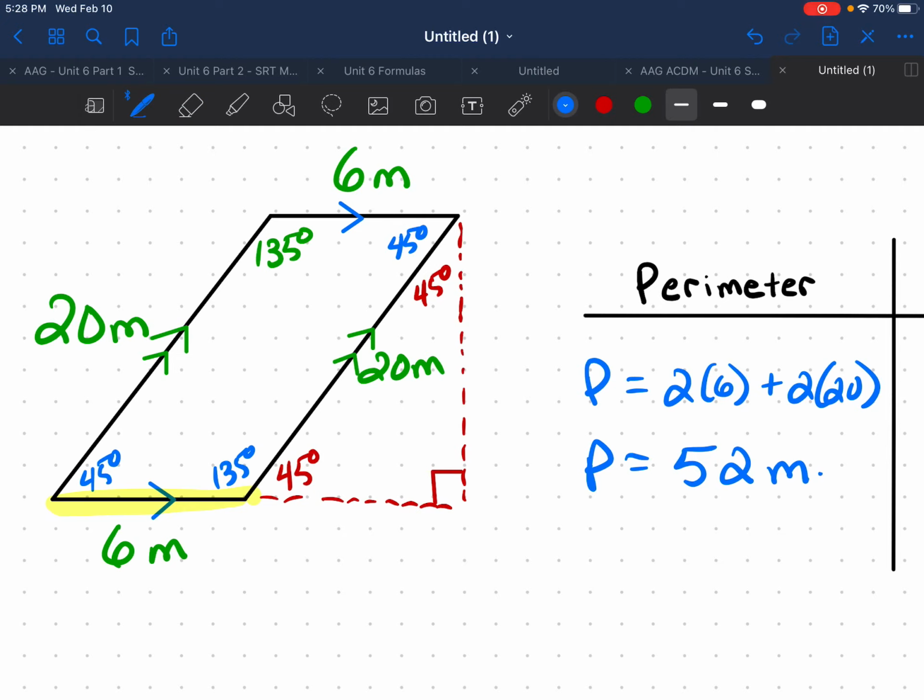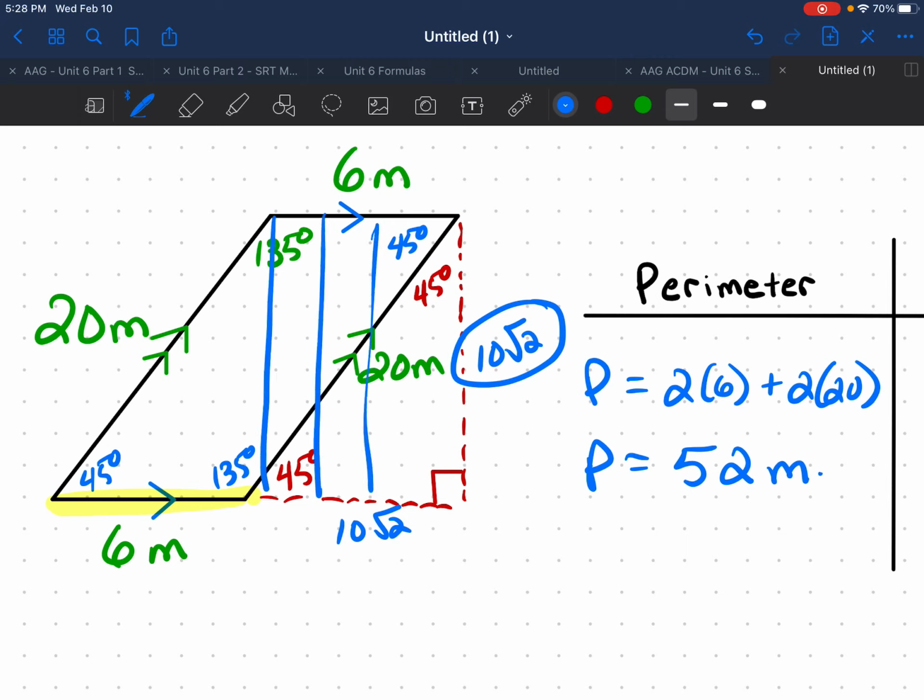Again, I said in a previous video that we've been covering rationalizing denominators, so I'm just skipping that step. So there it is. There is the height of our parallelogram. I could have drawn it here, here, anywhere, but I chose to draw it outside.